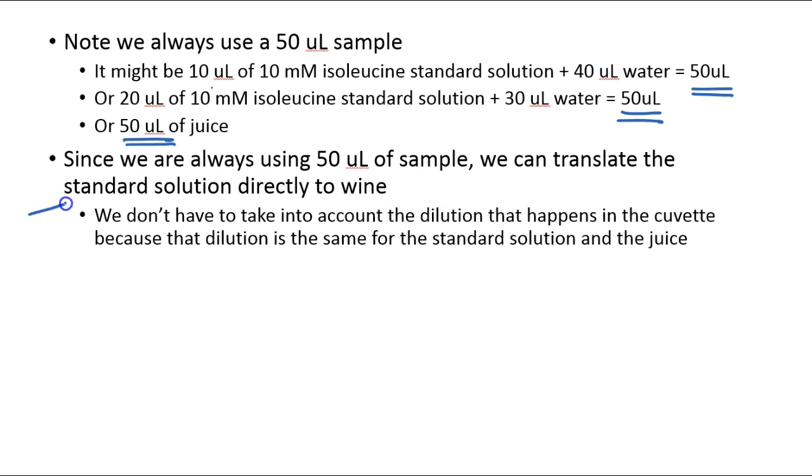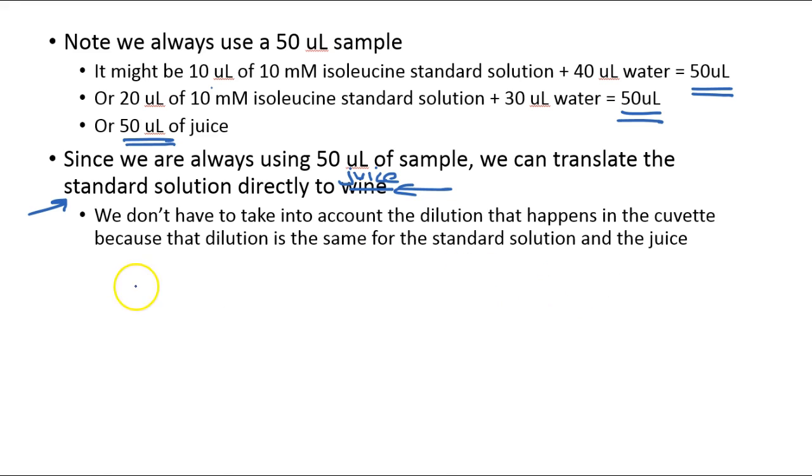We're using 50 microliters of the standard, and we're using 50 microliters of wine. I should really say juice here, because we're testing nitrogen in juice, not in wine. But we're doing 50 in either case, so we don't have to take into account the dilution that happens in the cuvette, because that dilution is the same for the standard solution and the juice.